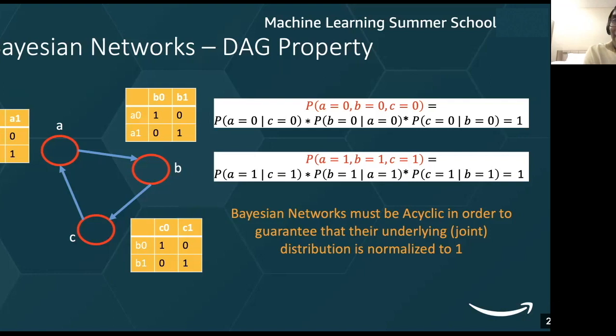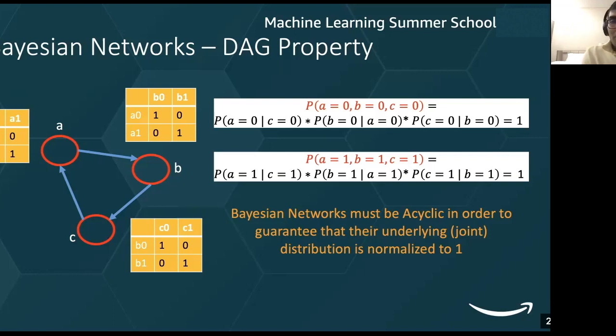Now, if you were to estimate the joint distribution based on this network, for a particular case where A equals 0, B equals 0, and C equals 0, you would end up with an expression like this, right?